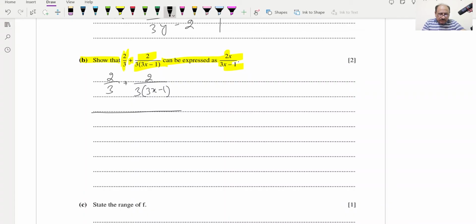So if we take the LCM, it will be 3 into 3x minus 1, and this side will be 2 multiplied by this, so it will be 2 into 3x minus 1, and plus this will be 2 only.